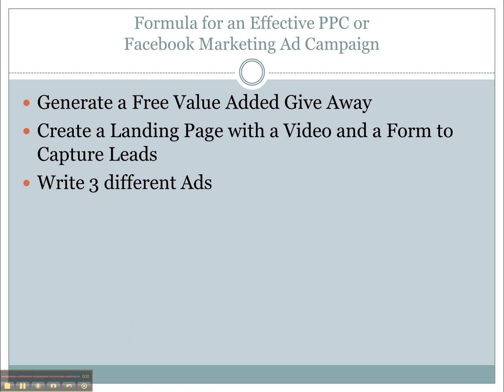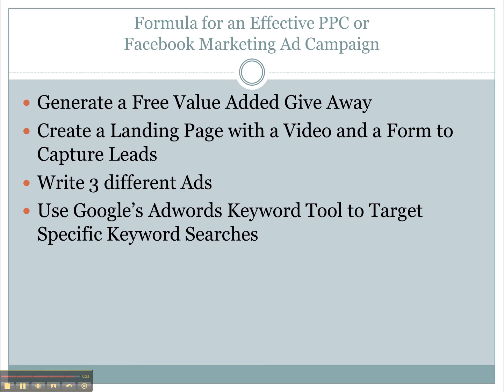I also write 3 different ads to drive people to that specific landing page. I use Google's keyword tool to target specific keyword searches so that I know what people would more than likely land on my page for. If I put for sale by owner tips, I know that I have to provide for sale by owner tips. And my secret sauce is something called Snap Engage, which lets me speak to them via live chat.